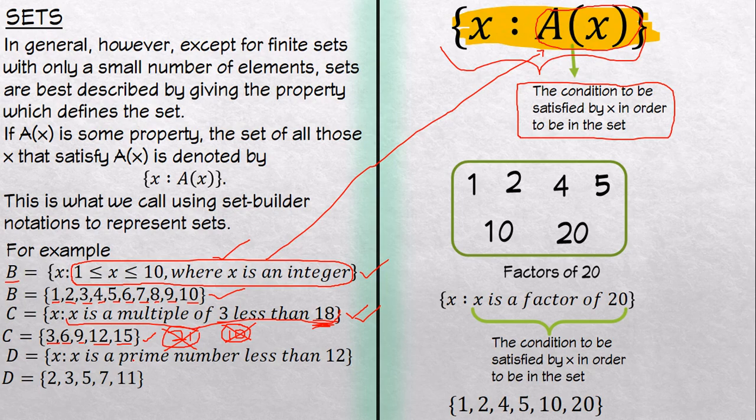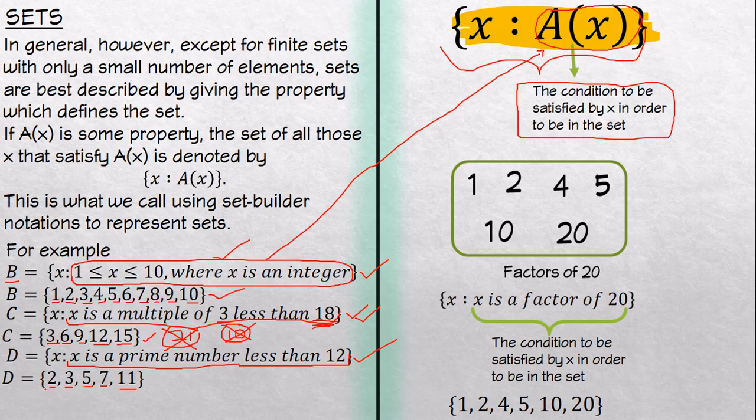Okay, so we can define the last set over here, where the condition is x is a prime number which is less than 12. Inside this set, you will have to be a prime number, and also you have to be less than 12. So realize that we have 2, 3, 5, 7, and 11.